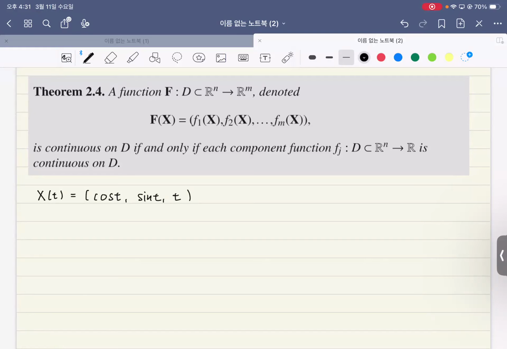Why? The component functions, which are sine and cosine trig functions and polynomial, they are continuous. Therefore, the resulting function x must also be continuous. Okay. Good. So this will save us too much time.